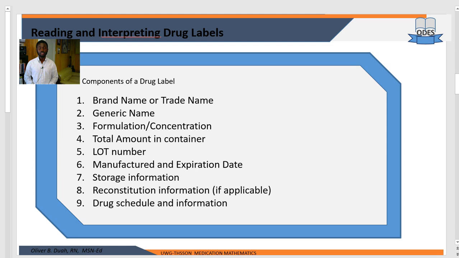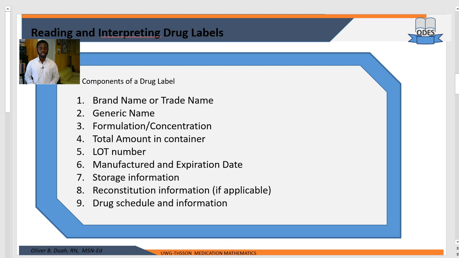This tells you the amount per unit of medication contained in that particular bottle, vial, or whatever container the medication comes in. Then you have the total amount in the container. This tells you the total volume or weight of the medication.